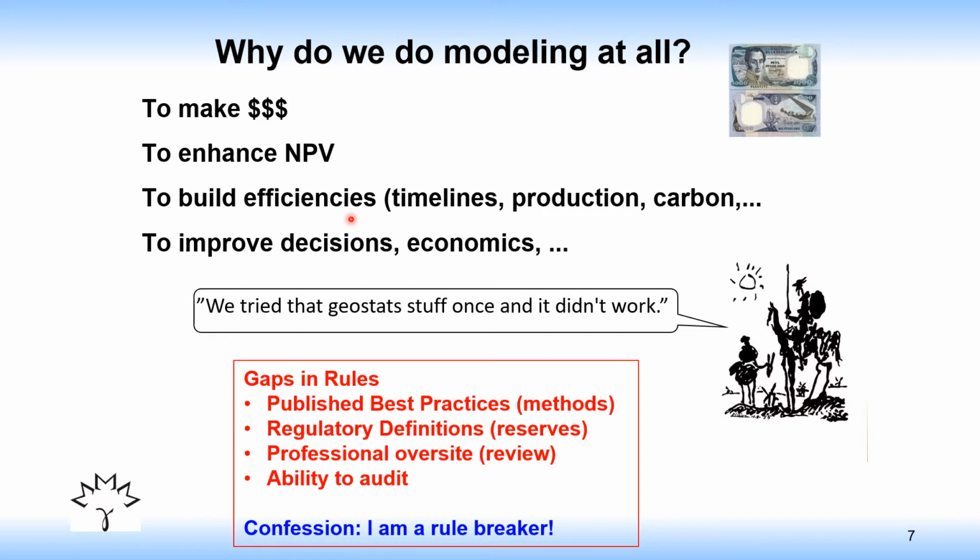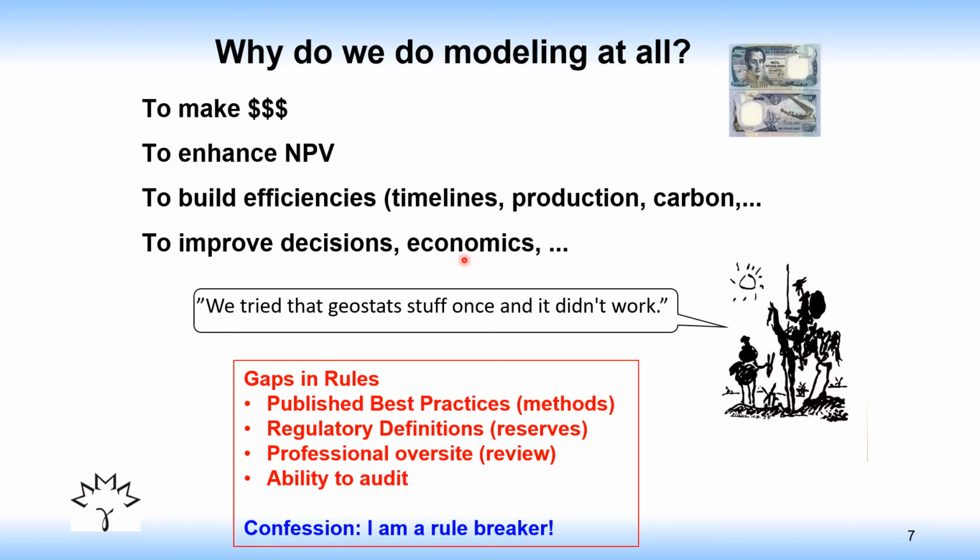We want to build efficiencies, and those efficiencies are in a variety of areas: timelines, production, carbon capture, emissions, improving emissions. And so engaging in modeling improves the decision processes and the economics of projects.